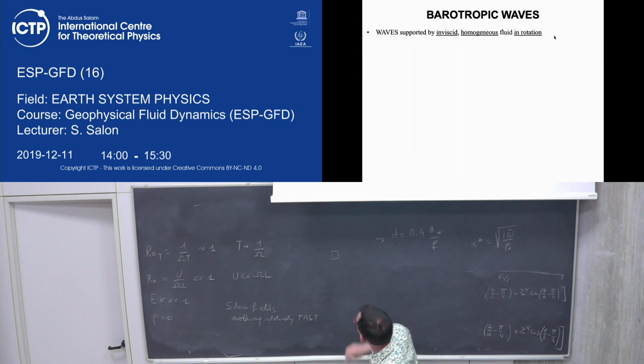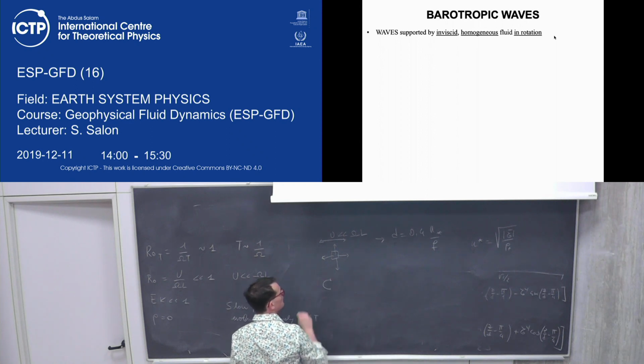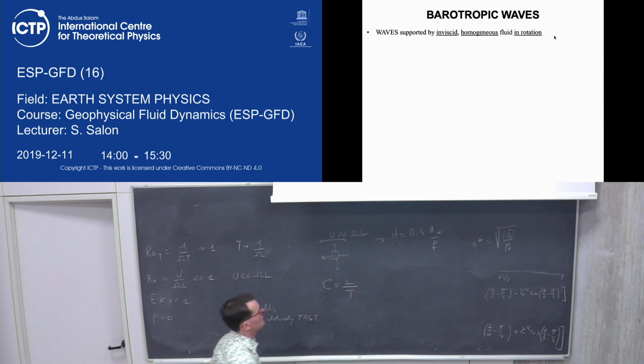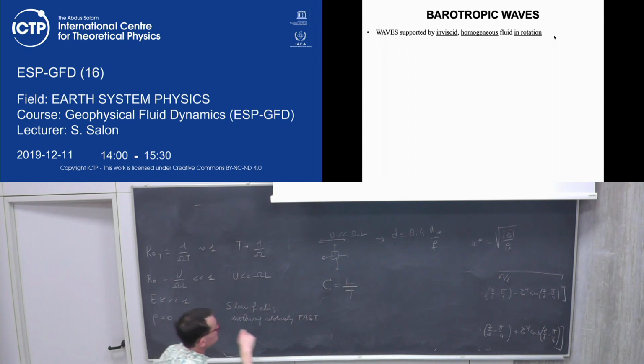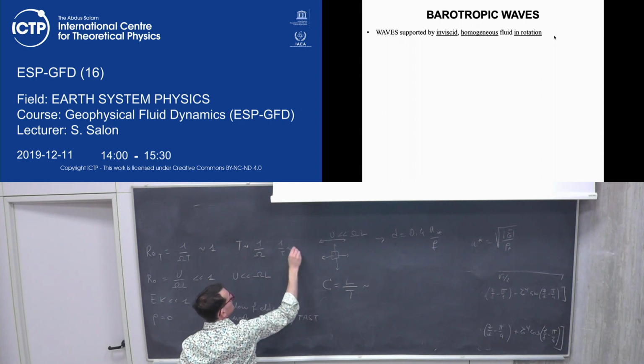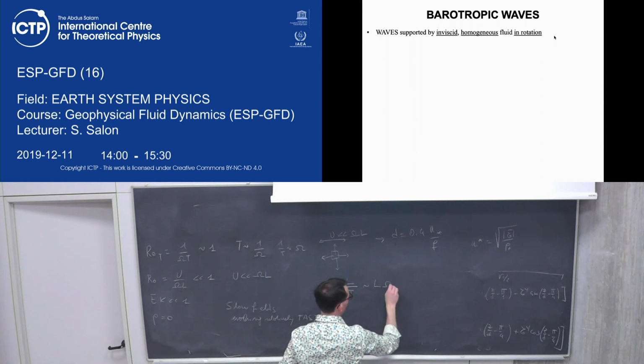If there is a parcel, this parcel possibly will move here, here, here, or here, but the scale of velocity here will be much smaller than the scale omega L. So we can consider another velocity scale, which we will call capital C, which is L over T. L over T is the length over which the signal, let's say the information, we still have to understand what it is, is traveling, divided by the time scale. 1 over T is like omega, so L over T is like L omega, right?